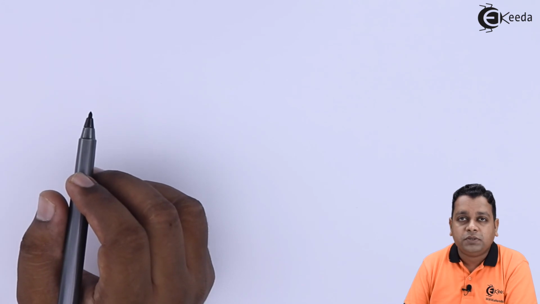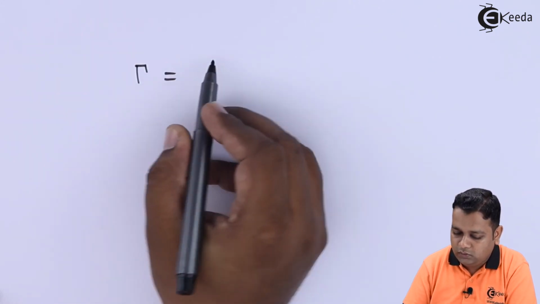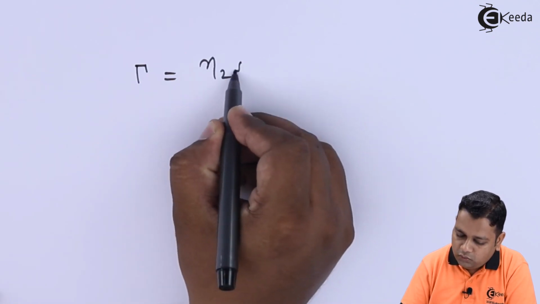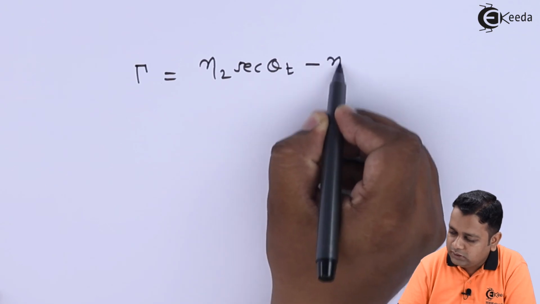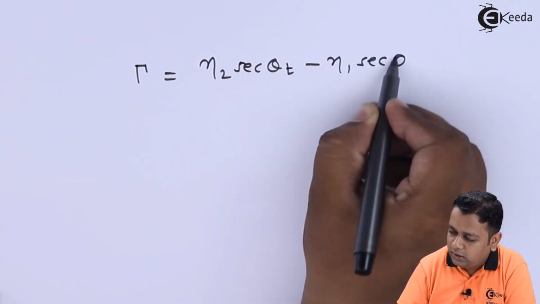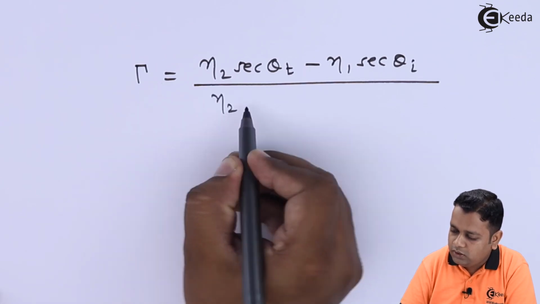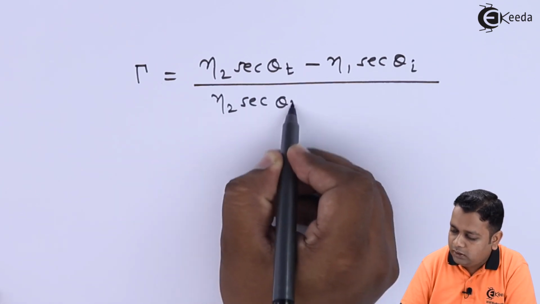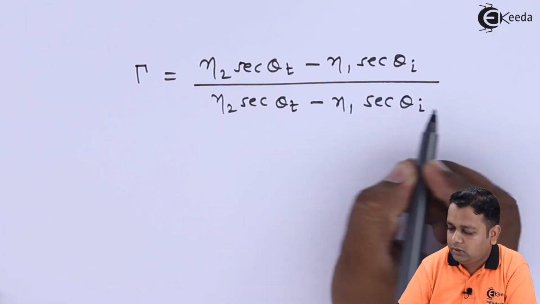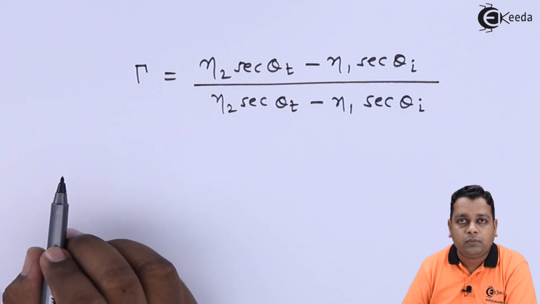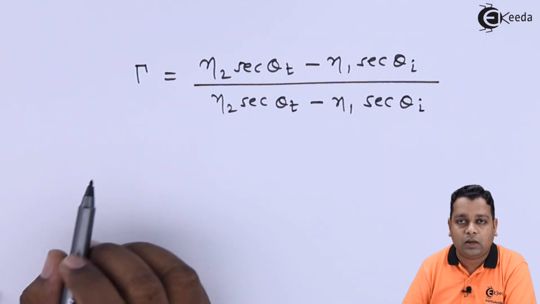The reflection coefficient is given by capital gamma, equal to eta 2 sec of the angle theta t minus eta 1 sec of the angle theta i, divided by eta 2 sec of angle theta t plus eta 1 sec of angle theta i. Having the reflection coefficient, the transmission coefficient is given as 1 plus gamma.